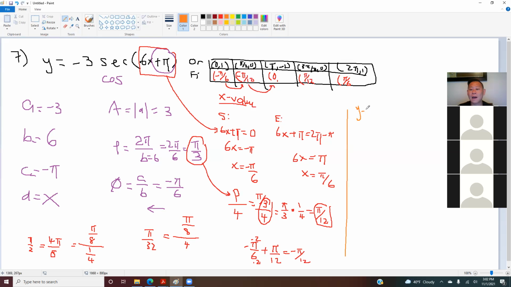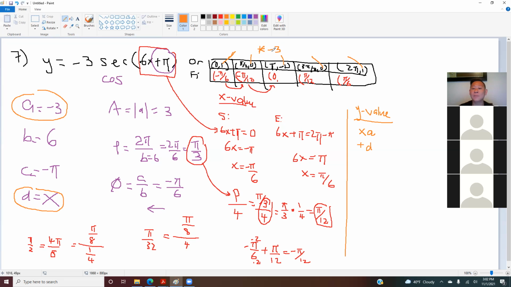Okay. Now for the y value, what do we do? We multiply by a and add d. So you have to take all these y values that you see here and multiply. What is a in this case? You have to multiply this by what? Negative 3. And the good thing is we don't have a d, so we do not need to add or subtract d. So what you need to do is take all these y values and times negative 3.